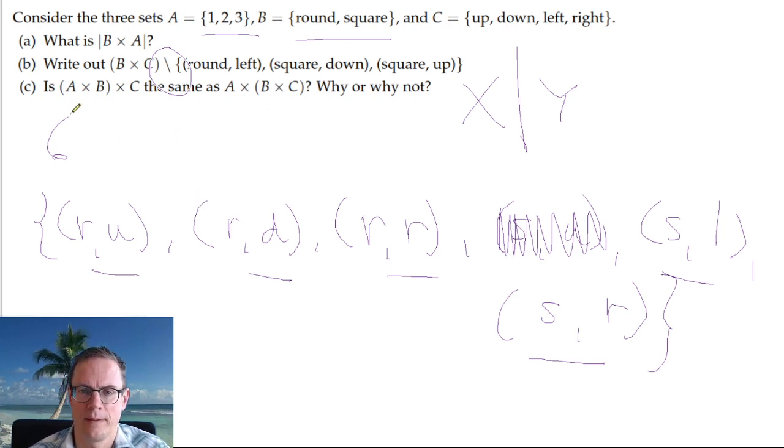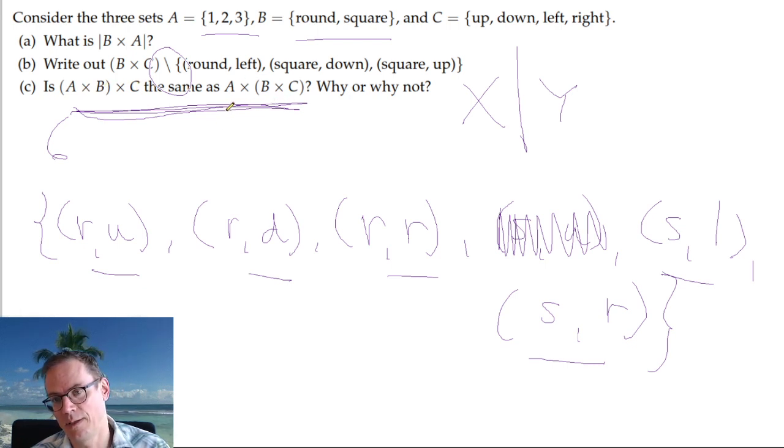Well, this third question we covered in the homeworks, but it basically says that if you construct a new set of ordered pairs out of one set of ordered pairs already, and a new set, will that be different or the same as if you take the ordered pair where the first element is from A and the second element is from the Cartesian product of these two?